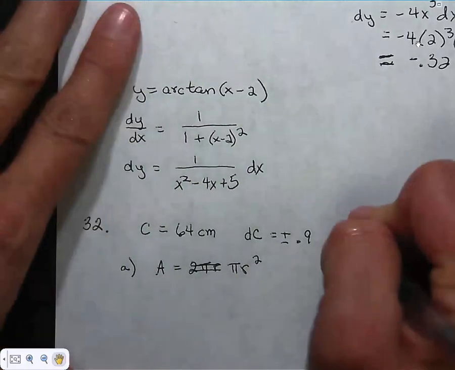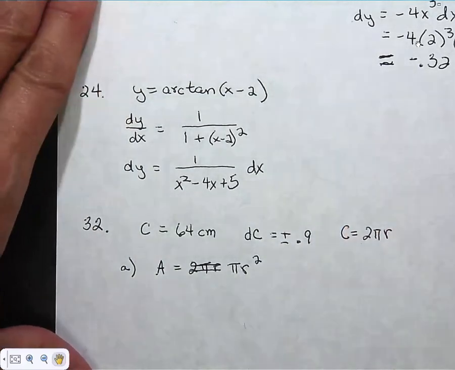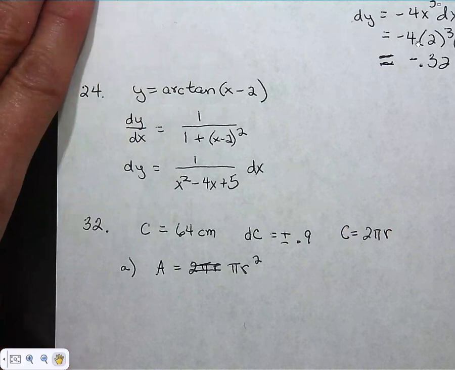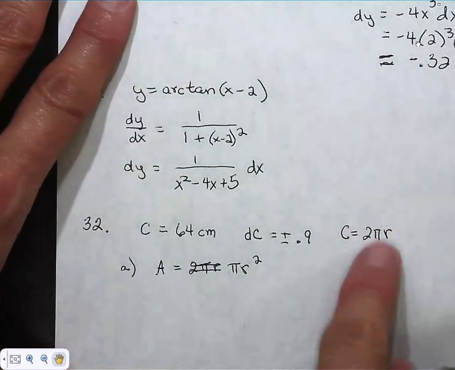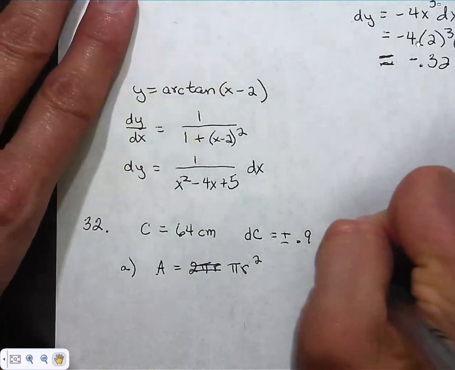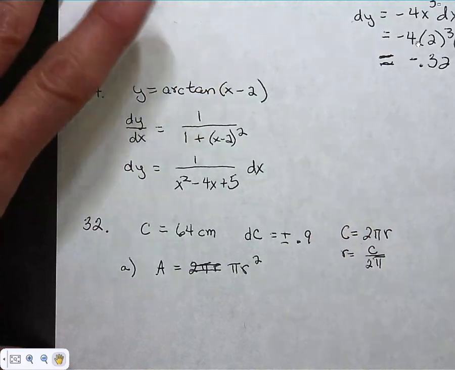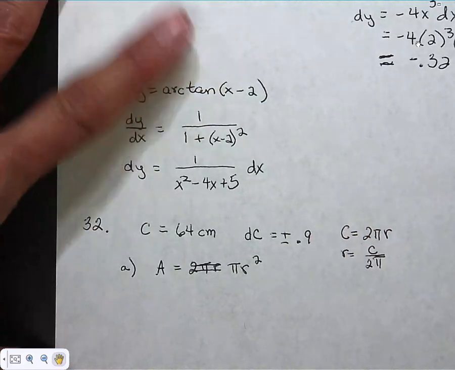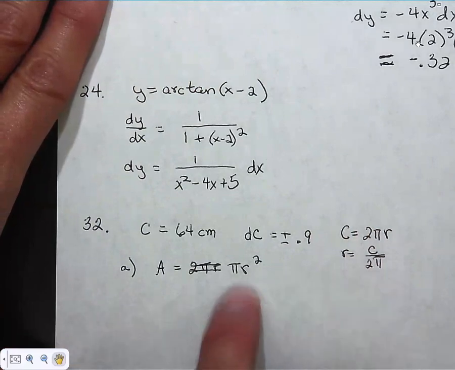Circumference equals 2 pi r, and I know what the circumference is. Nope, hold on to that thought. Let me just solve this for radius. The radius is circumference divided by 2 pi. I need to put circumference divided by 2 pi in the place of that r.